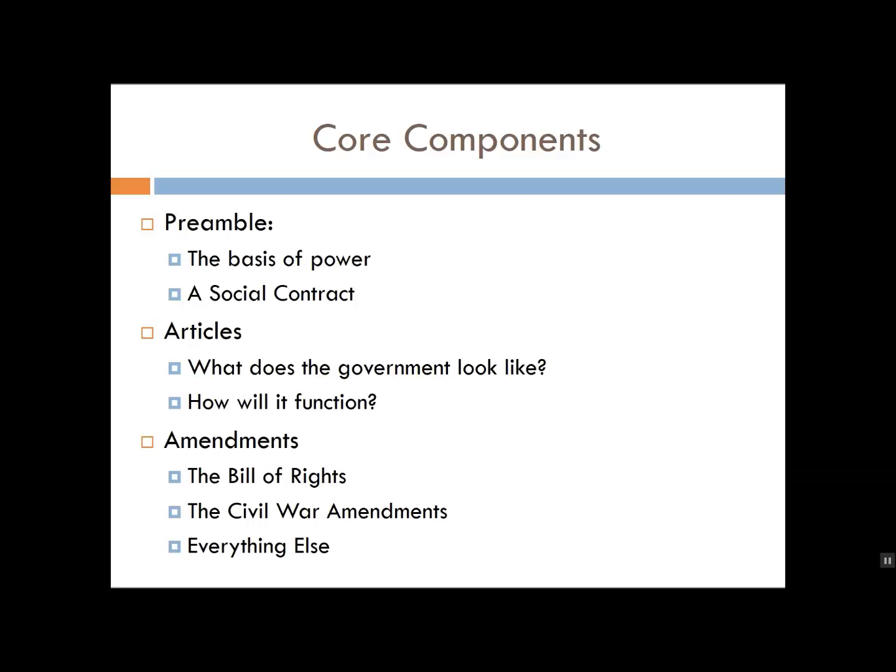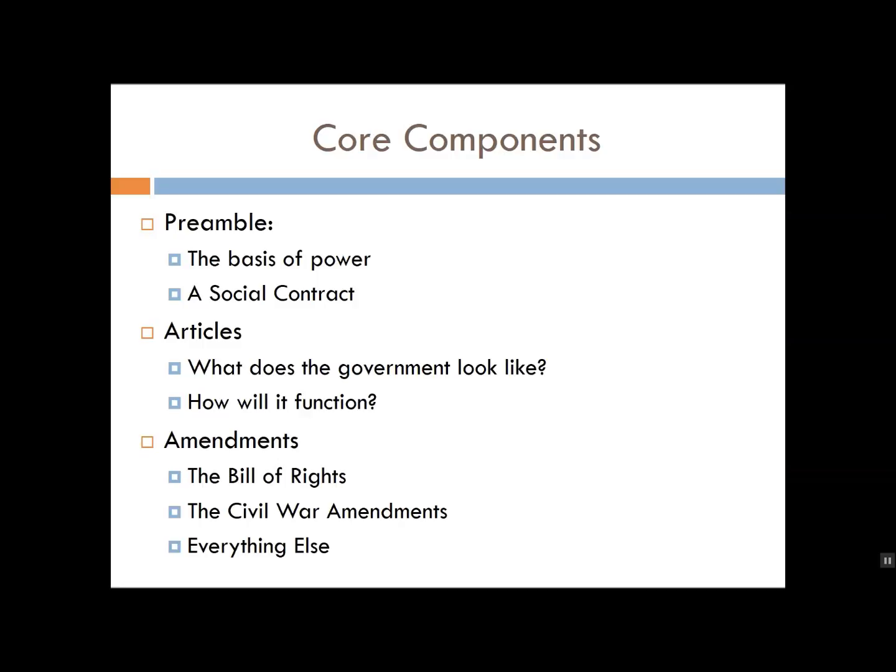The second of the three major components of the Constitution is the main body, a set of 7 articles that provide a blueprint and a skeletal outline for the actual institutional structure of our government. They tell us what the government will look like and how it will operate. For example, Articles 1 through 3 identify the 3 branches of the government and explain their respective duties, functions, and limitations.